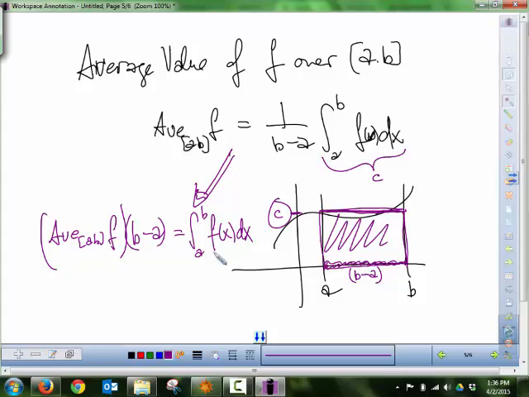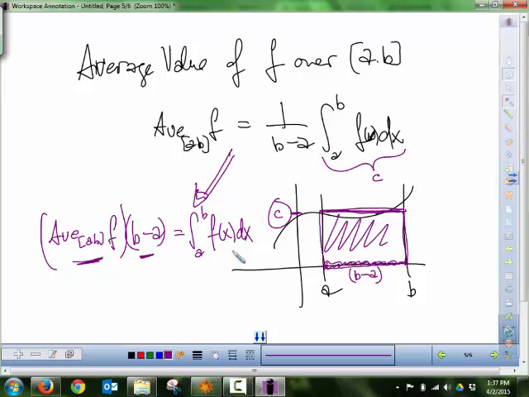Then that's essentially saying that this is your rectangle here. This average value for that function is a constant, which is your rectangle, times the base. So this is the height times the base. That would be exactly equal to this integral.